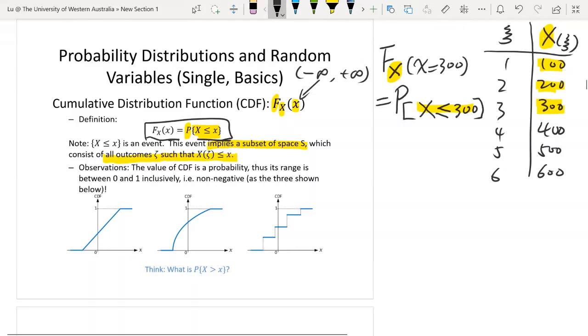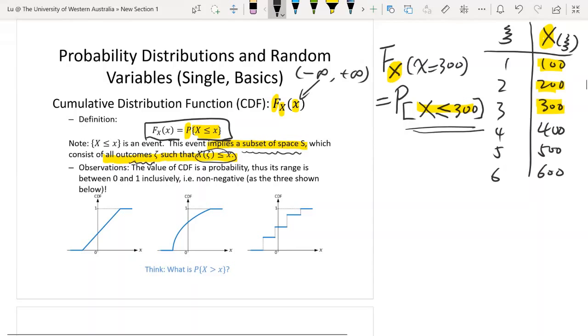Now let's go back to the slide. You can see, so this event implies a subset of space S, which consists of the zeta such that this condition can be satisfied. So in other words, out of the first three valid rows, we are going to find the corresponding outcomes, which are Z1, Z2, Z3.